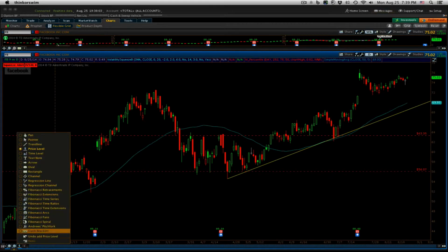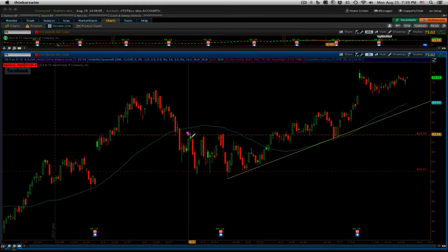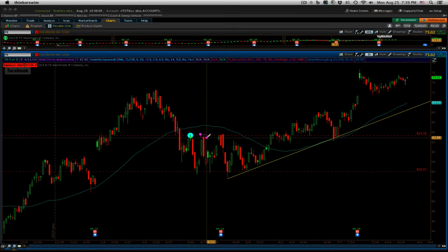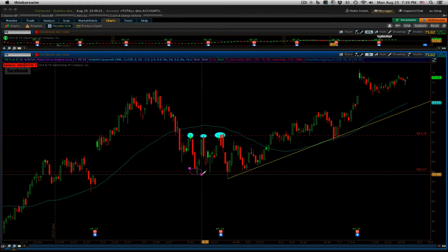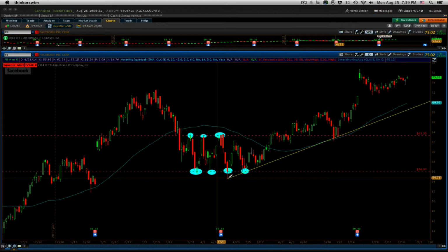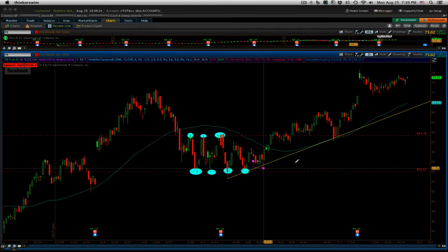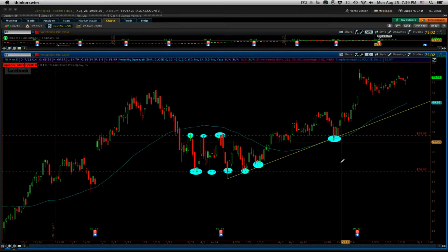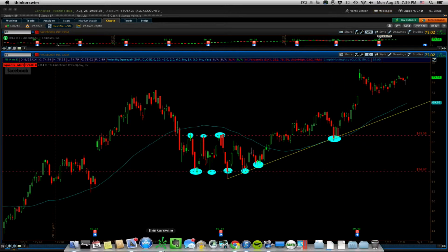So you could see here 1, 2, 3 areas where price was rejected, and along here, if you wanted to say 4 areas where price was supported. Again, you could also make the argument that price was supported after the breakout along this trend line.